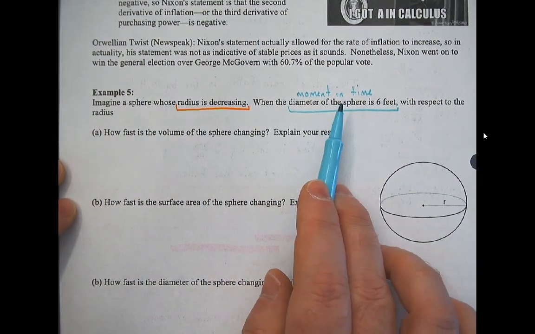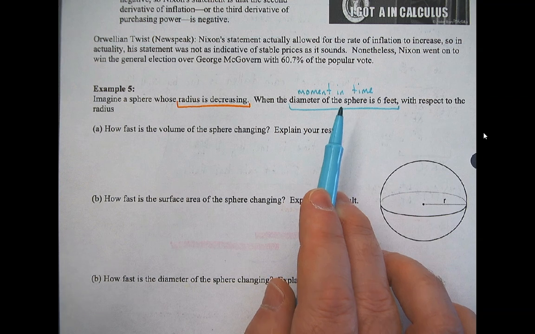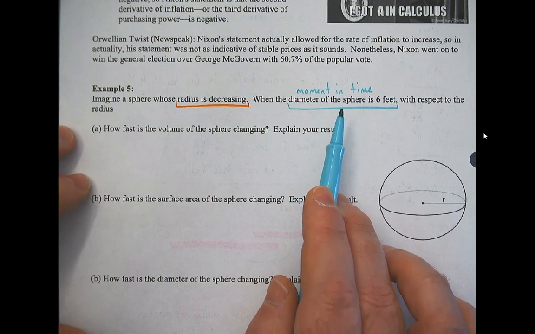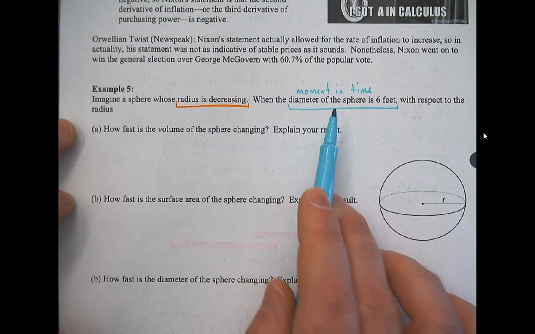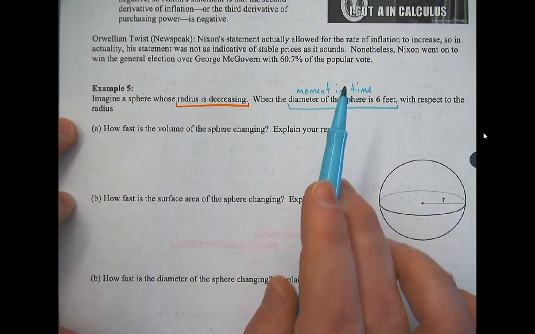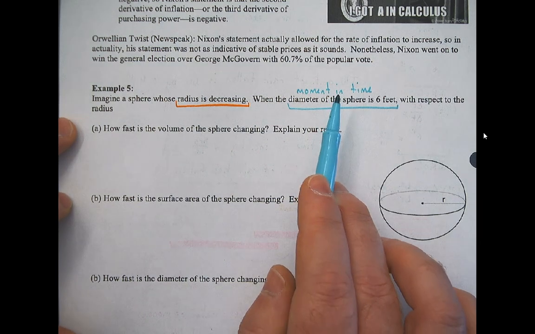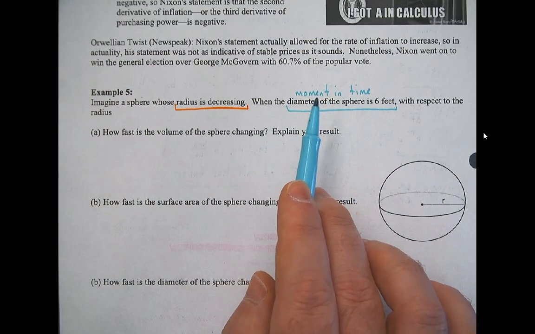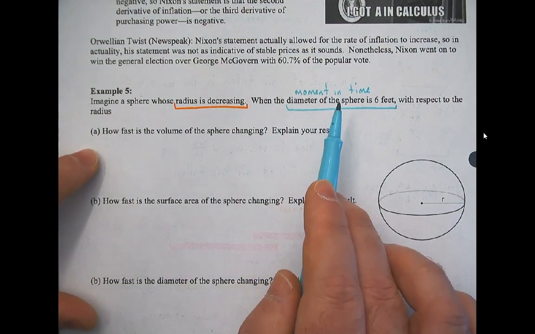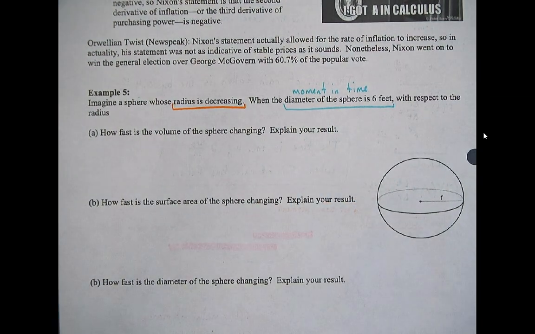This doesn't mean that the diameter is always 6 feet. What we're trying to figure out is, for instance, how is the volume of the sphere changing when the diameter is 6 feet? That's going to be different than when the diameter is 5 feet or 4 feet or 3 feet. So this is a moment in time. It doesn't mean you just automatically plug it in. We're just going to want to make sure that we're figuring out what's happening at that moment.